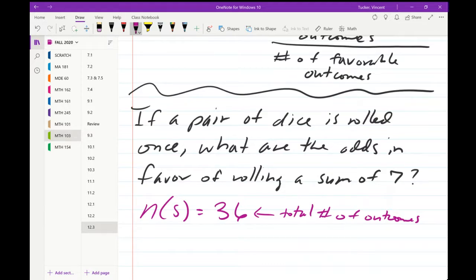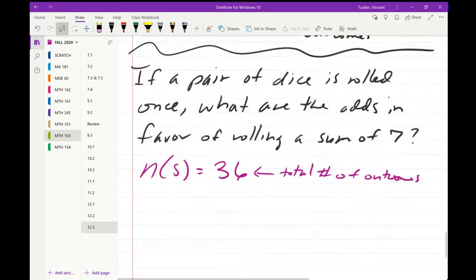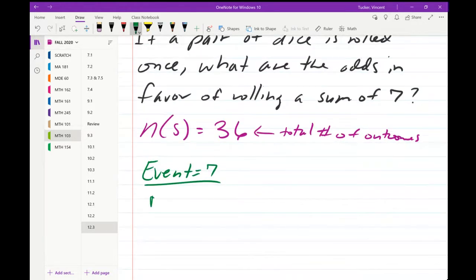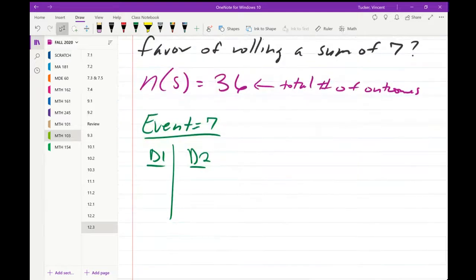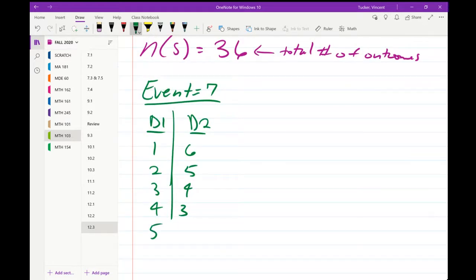So how many different ways can we get a 7? So you're talking about 1 and 6, 2 and 5, 3 and 4, 4 and 3, 5 and 2, and then 6 and 1.